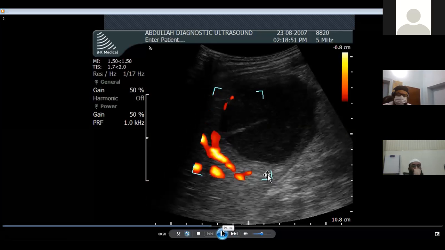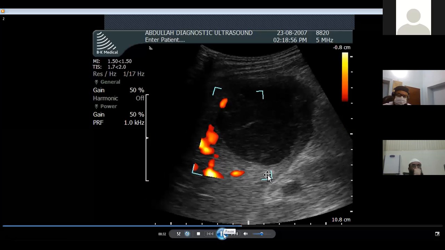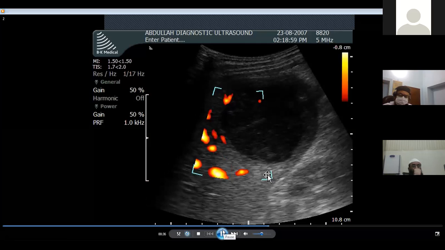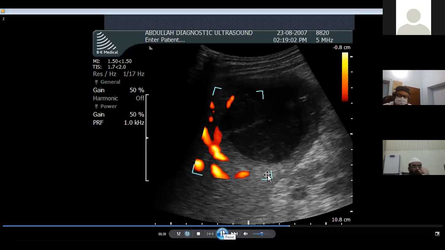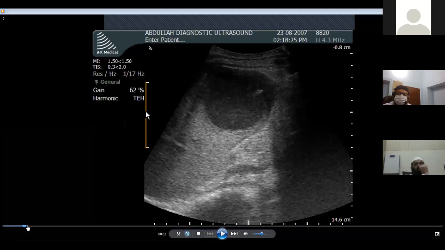We will discuss these biophysical aspects of different appearance of tissue behind different cystic lesions. So this is how an abscess in the liver will appear with debris particles inside.